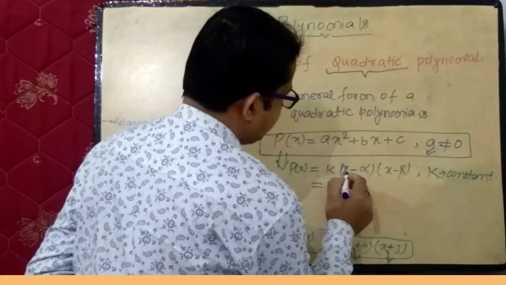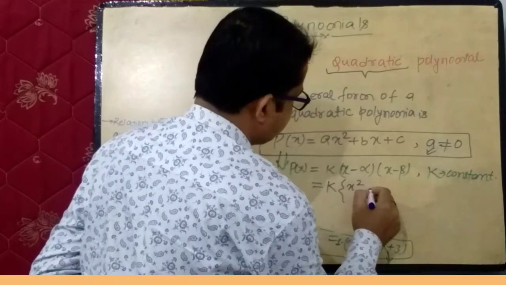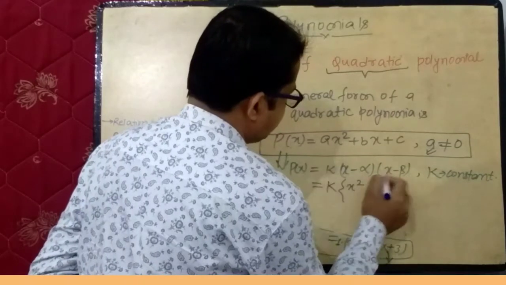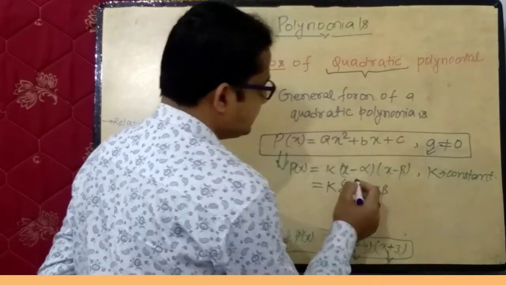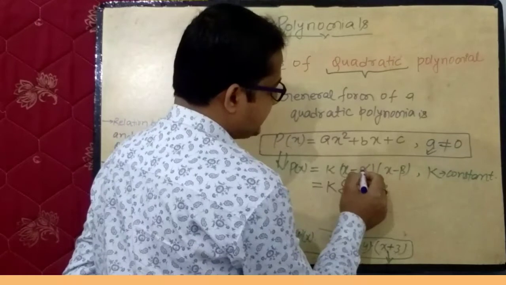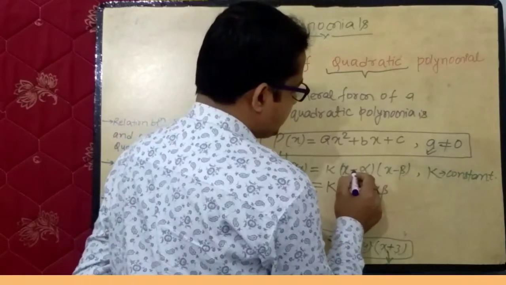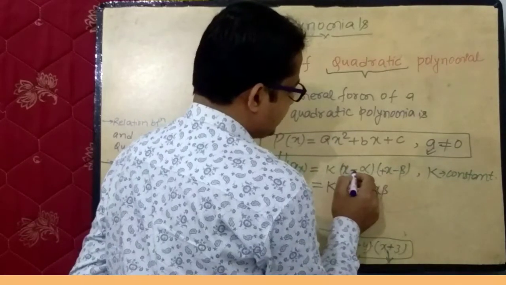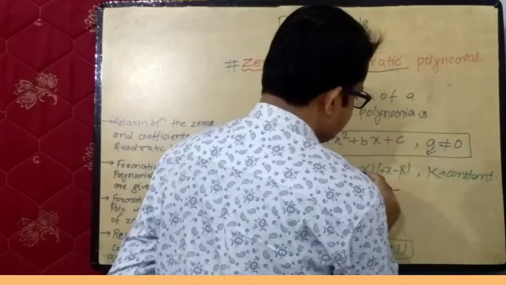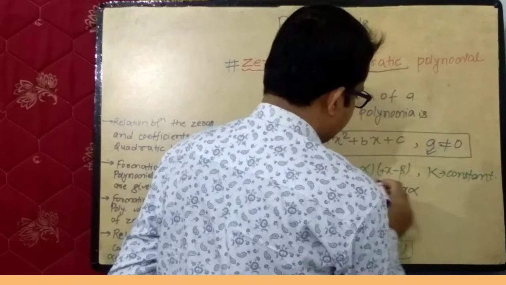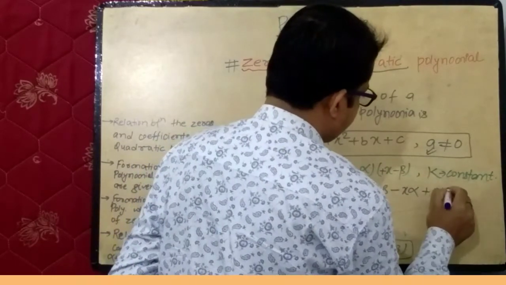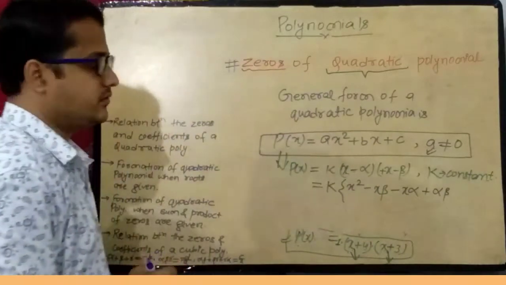x into minus beta, and sign here positive into negative, negative. Now multiply this second term with these two terms. First of all you have to multiply the sign. Here positive sign, then plus into minus, minus alpha into x, x alpha, and minus into minus plus alpha into beta, alpha beta.